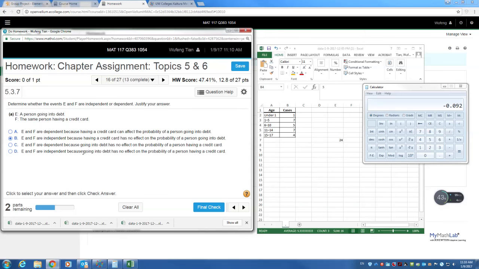They are independent because going into debt has no impact on the probability of having a credit card. I would think they are a person going into debt, the same person having a credit card. They are dependent. Having a credit card can affect the probability of a person going into debt. I think they are dependent probably.